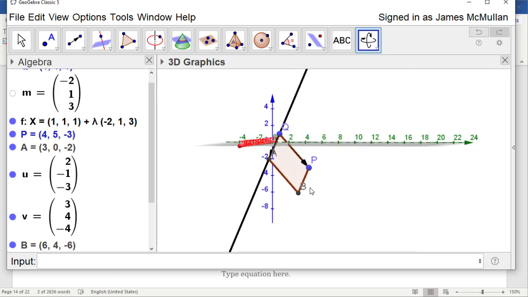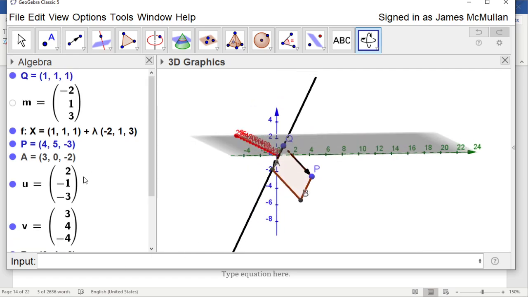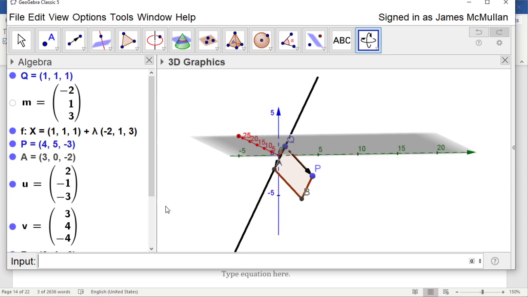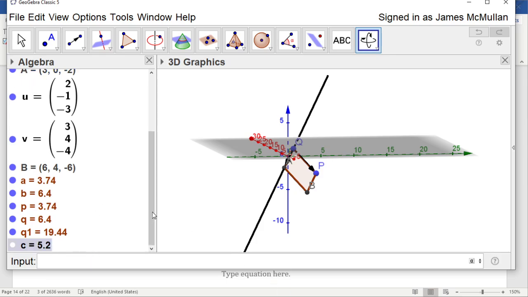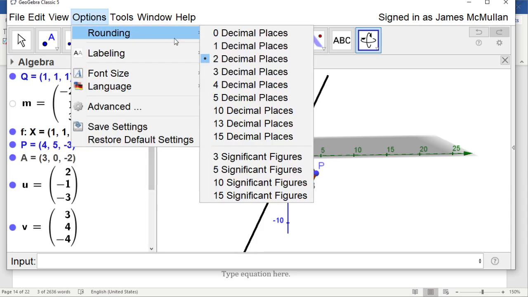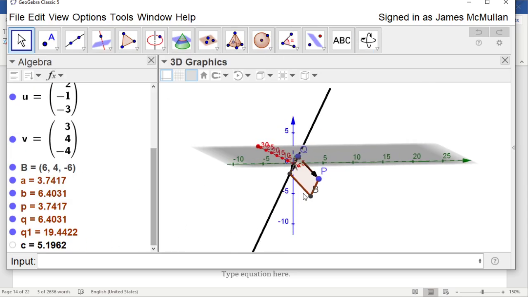Okay, so let's show how this would work. The parallelogram you can see here has an area of 19.44. So all we've got to do is divide that by the length of M, and the answer is 5.1962.